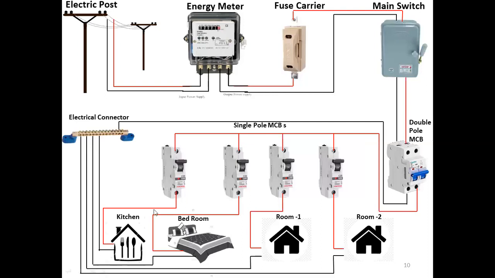This circuit breaker is meant for kitchen, this one is meant for bedroom, this one for room 1, and this one for room 2. So if anything goes wrong in the kitchen, this circuit breaker will automatically disconnect your phase terminal. This operation is called protection, right? So that I'm going to discuss now.